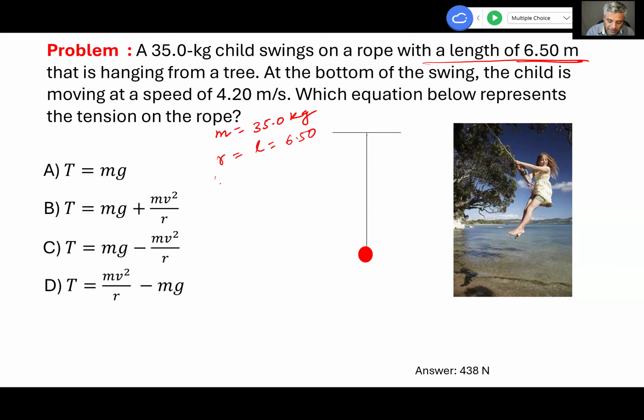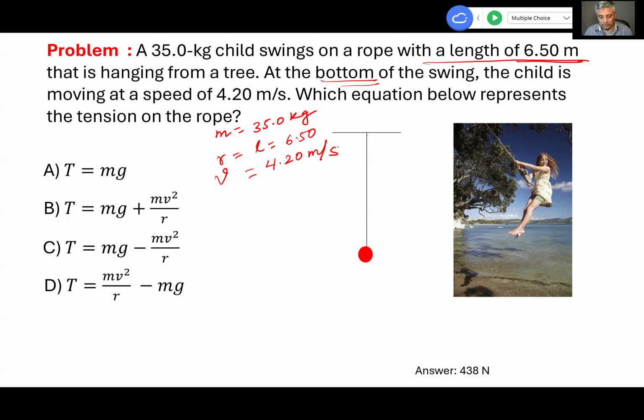And it says speed at the bottom. So speed at the bottom, I'm saying that simply as v in this equation. I was a bit lazy to write the subscript here, since we are just talking about the bottom, okay? There is no more than one situation, so we can simply say that the speed is v, and that is given.